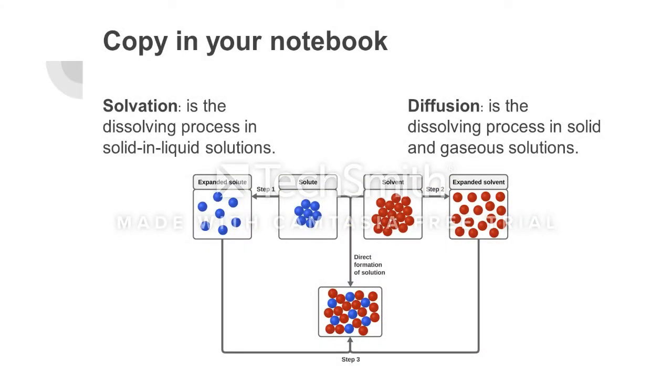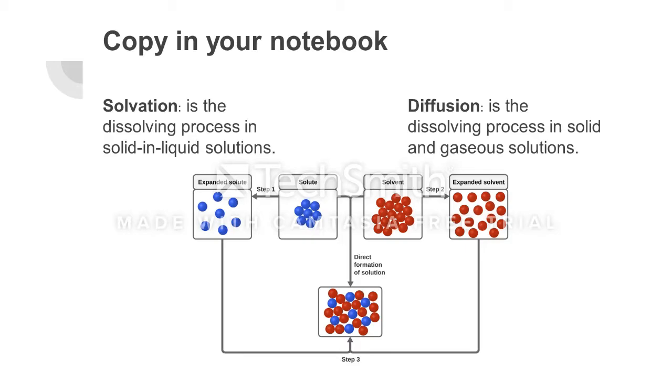Now, how does the dissolving process happen? When we have a solid in liquid solution, meaning we have a solid solute dissolved in a liquid solvent, the process is called solvation. When we have solid or gaseous solutions, the process is called diffusion.